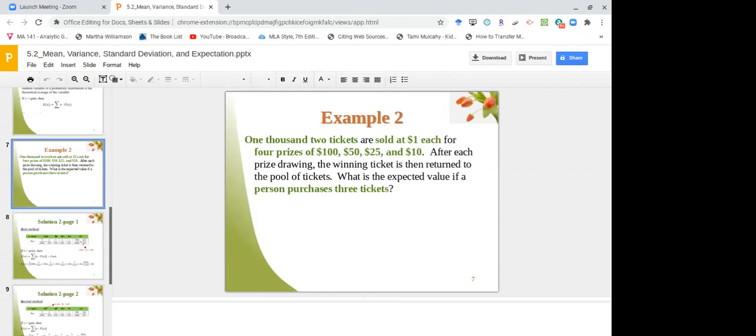So I don't want to go into a great deal of detail here. You have the videos, you have the textbook, you have the PowerPoints, so please use those. But if you have trouble in the section, let me know. And if a separate video is warranted, just like I did on section 4.4 and some of the problems in 4.4 and 4.5, then I'll do a separate video on expectation.